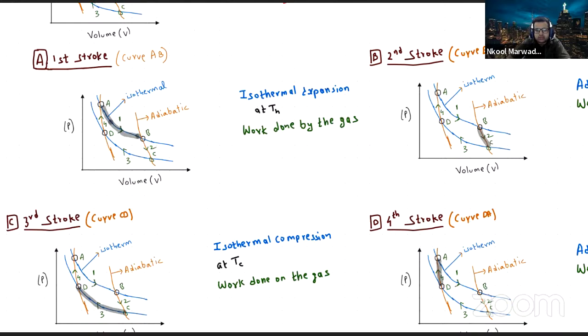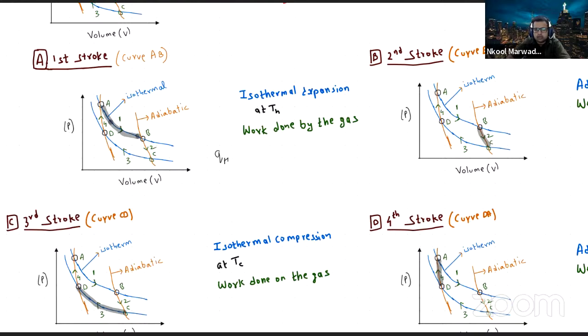QH is the heat source, because ultimately in the heat engine, we need heat. So the gas comes in contact with this heat source, and this heat source is kept at a constant temperature, TH. So isothermal expansion at TH.